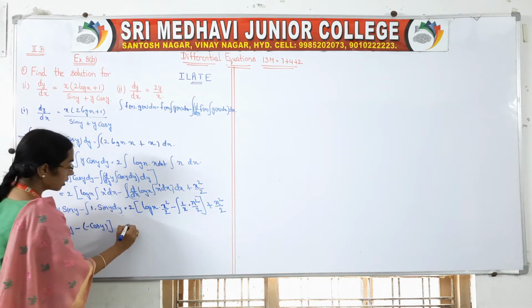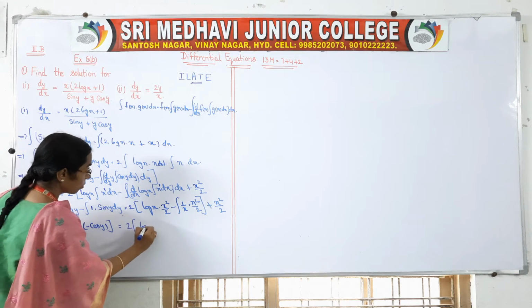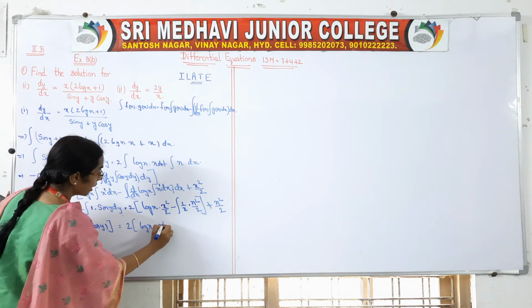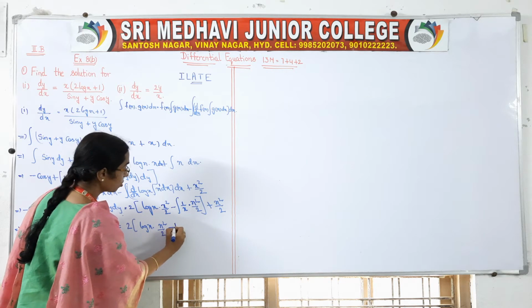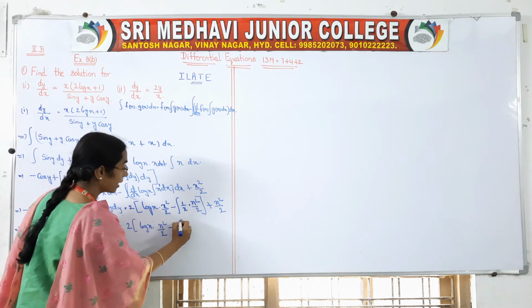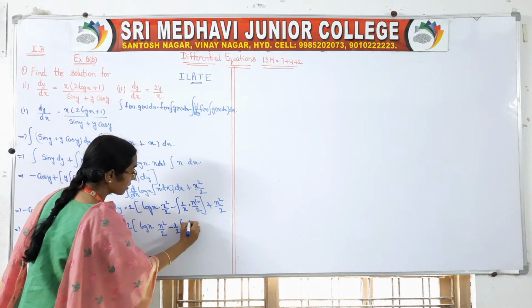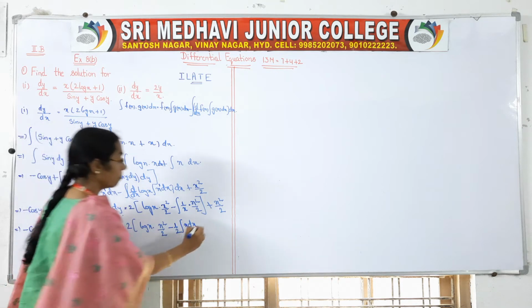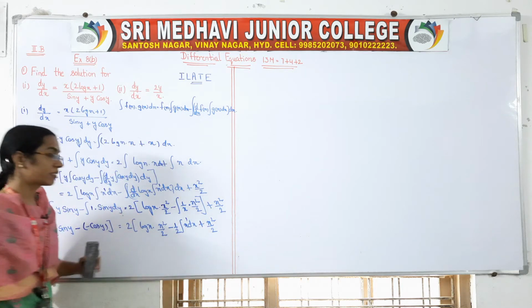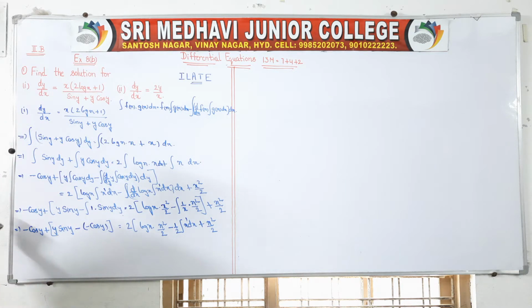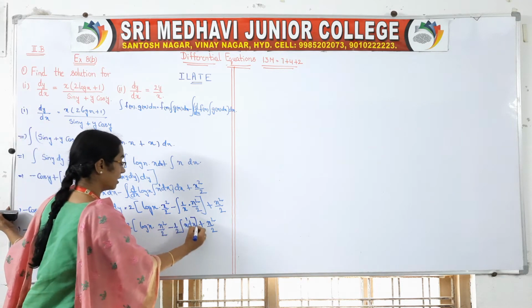Okay, so is equal to 2 into log x into x square by 2 minus 1 by 2 common, 1 by x cancel, integral x dx, plus x square by 2. Again x dx means x to the power of 1. Okay, so up to here bracket is there.